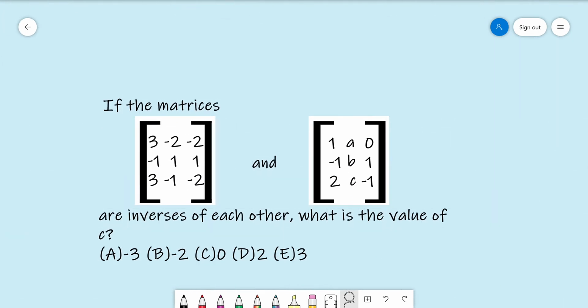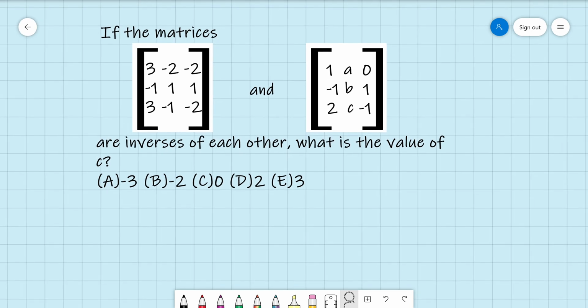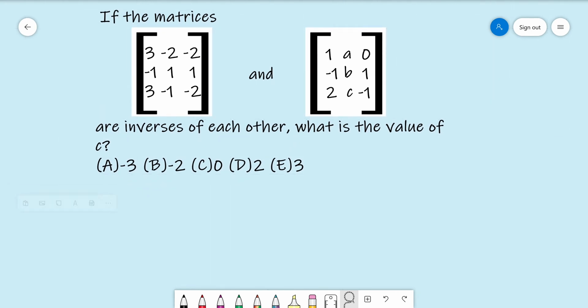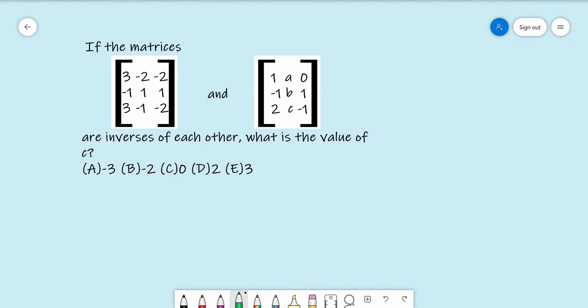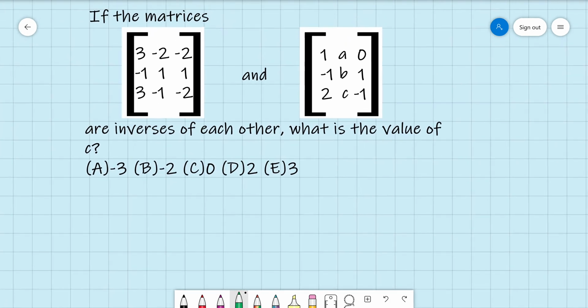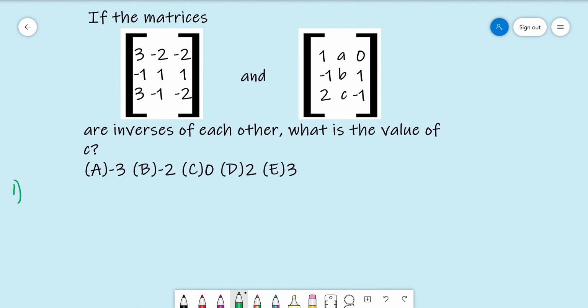It's not a particularly difficult question, but it's nice because it checks your knowledge of three different things in linear algebra. The first thing is it checks your knowledge of matrix inverses.